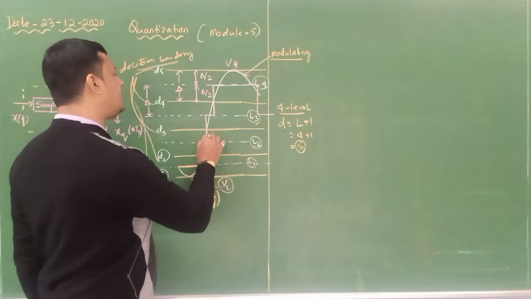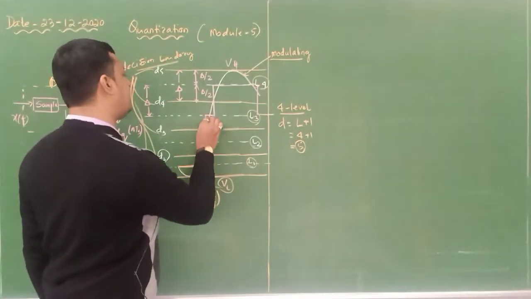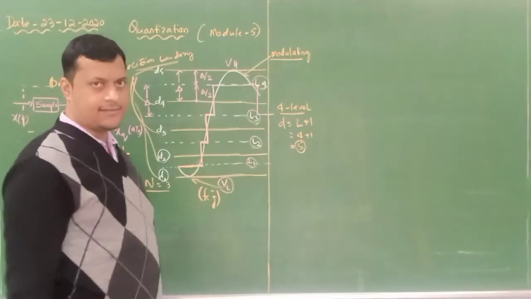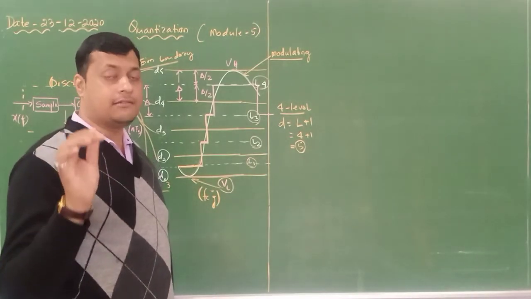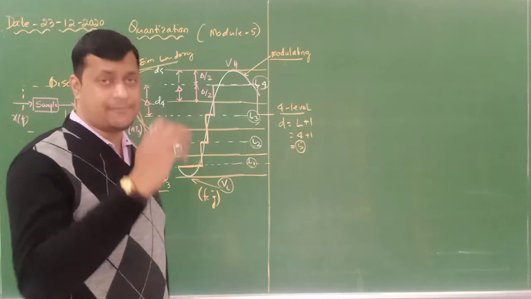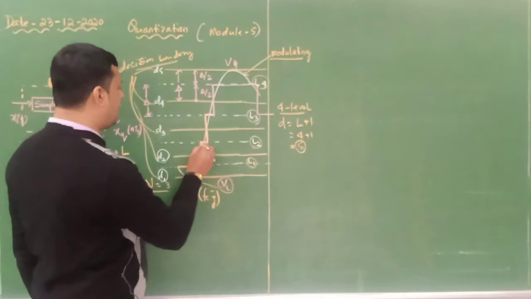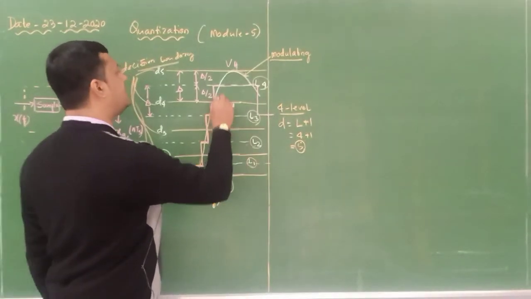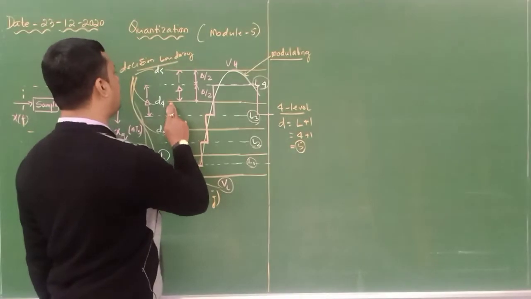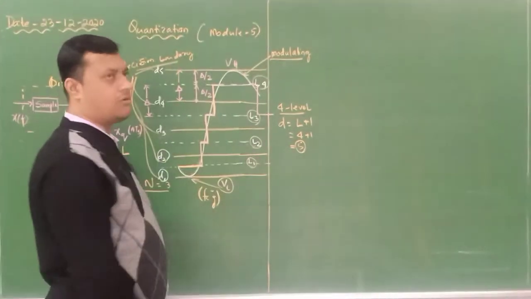Similarly, when the signal is increasing from D3 to D4, your step size will increase. This is the quantizer. We will see how many types of quantizer there are. Okay, and that quantizer will depend upon the number of steps, or the step remains constant. So it will jump from level 2 to level 3. Similarly, the signal is moving from decision boundary 4 to 5, so it is jumping from level 3 to level 4.